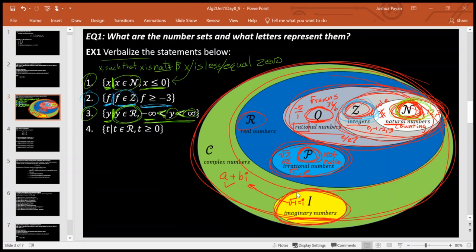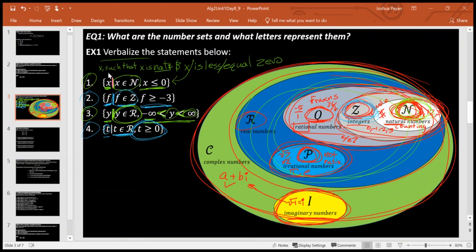So that means y could literally be anything in here, right? And last little example, some number t such that t is a real number and t is greater than or equal to 0.